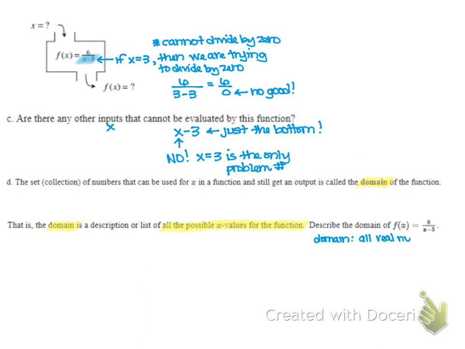All real numbers except X is not allowed to be, so not equal to, it cannot be 3. Because if we plug in 3, we end up dividing by 0, and we don't know how to do that.